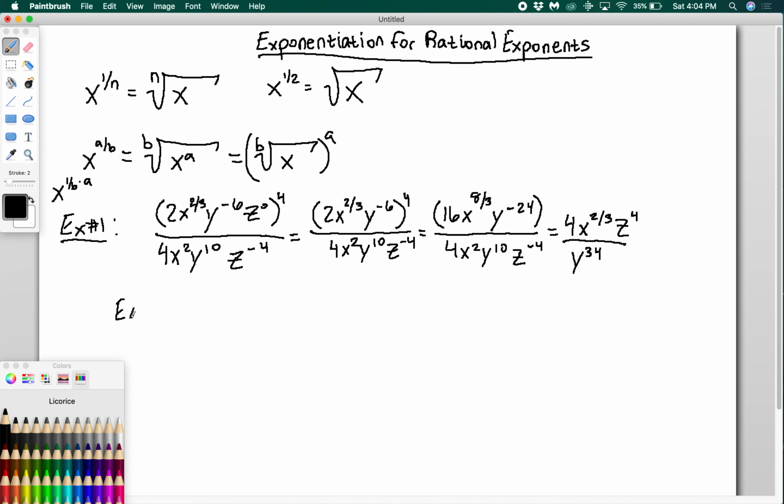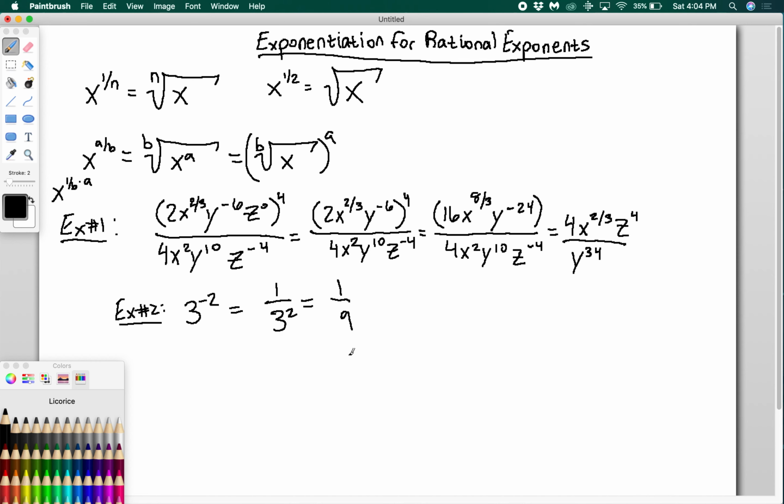Let's look at another one. Let's say I have 3 to the negative 2, and I want to know how I can write this. Obviously this is much, much easier. I just want to demonstrate. If I have 3 to the negative 2, I can write this as 1 over 3 squared, which is 1 over 9.